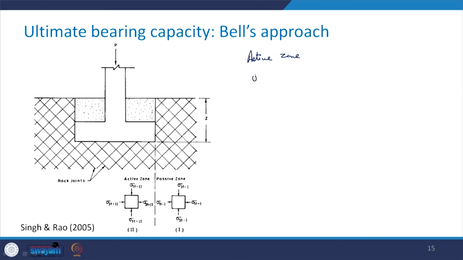Now, what will happen in case of the active zone? Your sigma 3f prime would be sigma 1f of the passive zone.